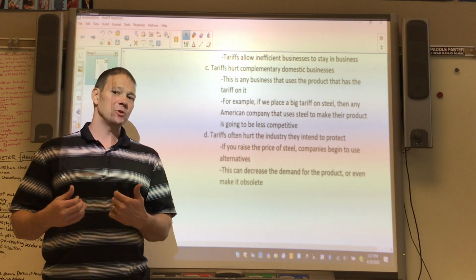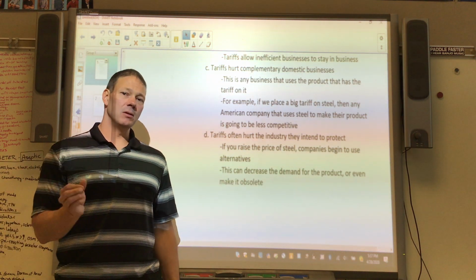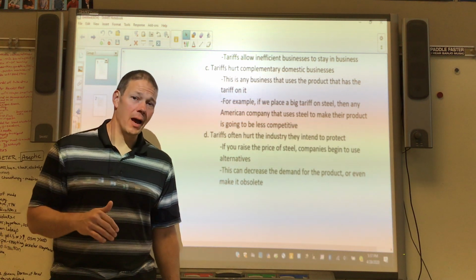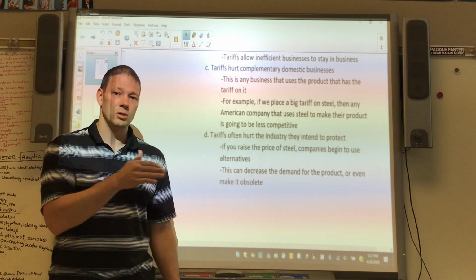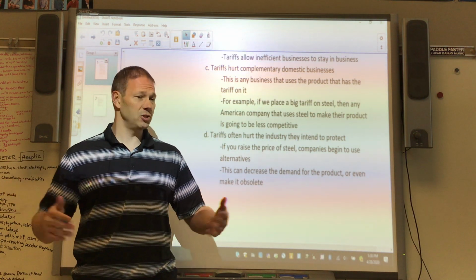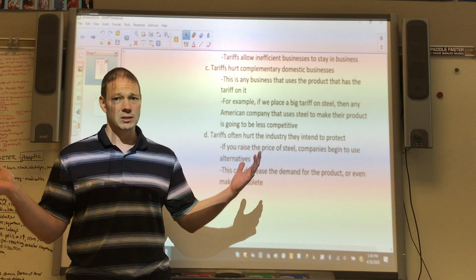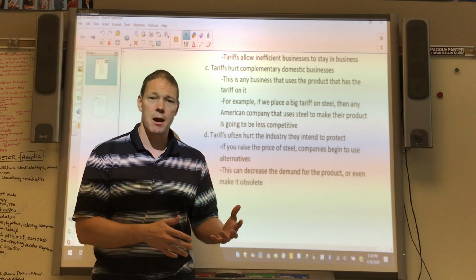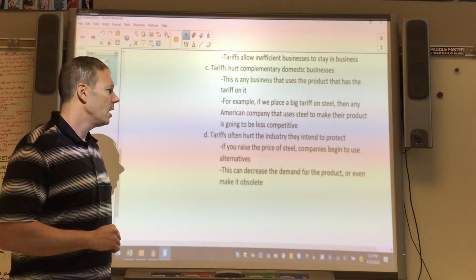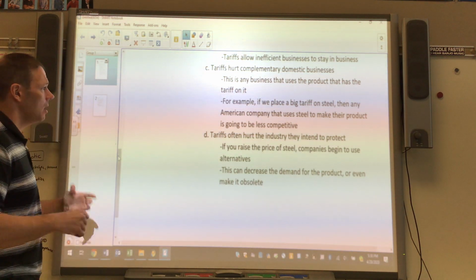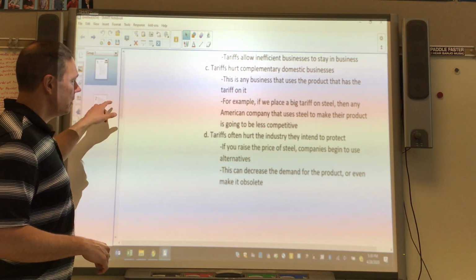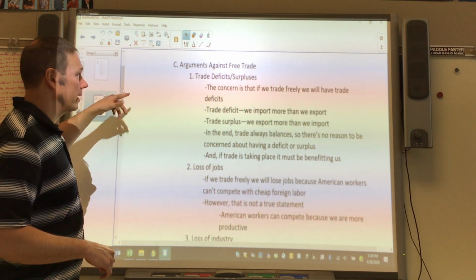And in fact, after steel tariffs were passed, the steel industry actually went into decline, and estimates are that several 100,000 steel workers lost their jobs because companies en masse just said, steel's just too expensive. We're going to switch to something else entirely, and it can actually hurt the industry that it's intended to protect. So, as you can see, not a big fan of tariffs. I'm a big fan of free trade, but again, that's not to stop people from being against free trade.